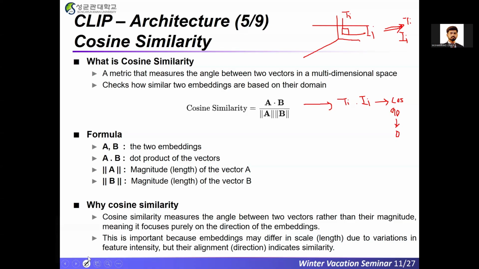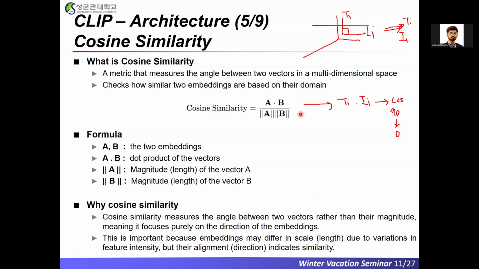So why is cosine similarity being used in the contrastive loss? Cosine similarity actually measures the angle between two vectors, as I have shown here, rather than their magnitude, meaning it focuses purely on the direction of the embeddings. This is important because the embeddings may differ in scale, that is length, due to variations in the feature intensity, but their alignment direction indicates similarity.